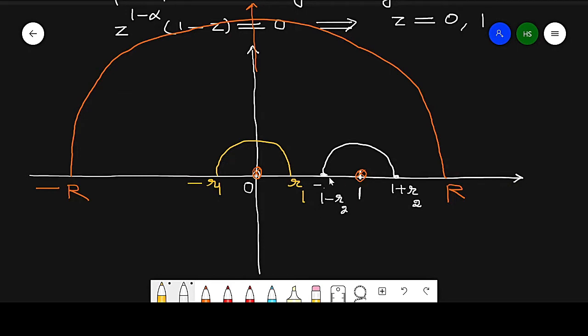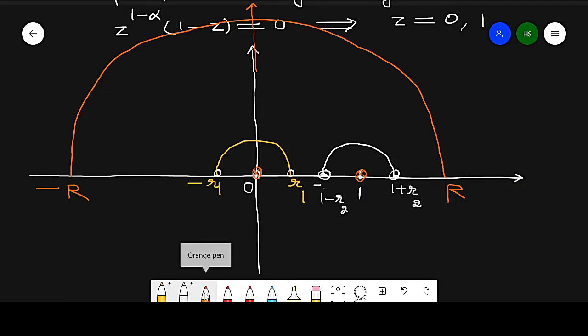This point is 1 minus r2, and this point is 1 plus r2, because this distance is 1 and this is r2. And this point is minus r1, and this point is r1. So this is the domain of consideration. Now if I take this domain, in this region the function is analytic.